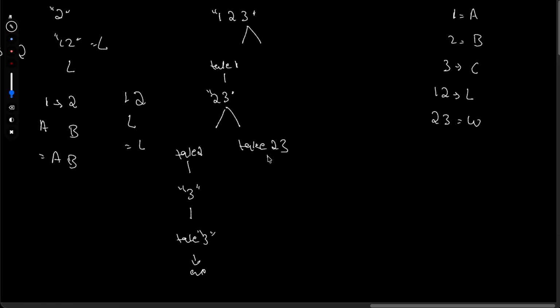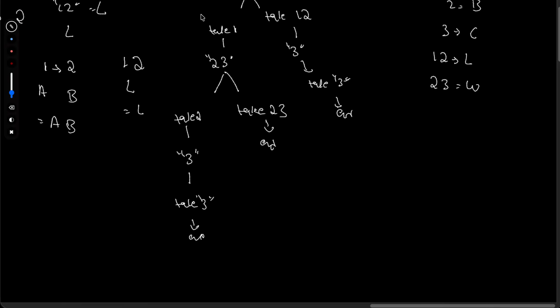Now if we take 23, it is the last, so it was the end. If we take 12, the remaining was 3, and if we take 3, it was the end. Okay, so let's make this, I have to write here. 1 2 3.